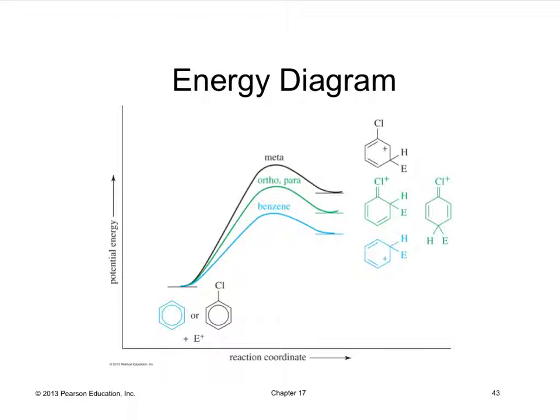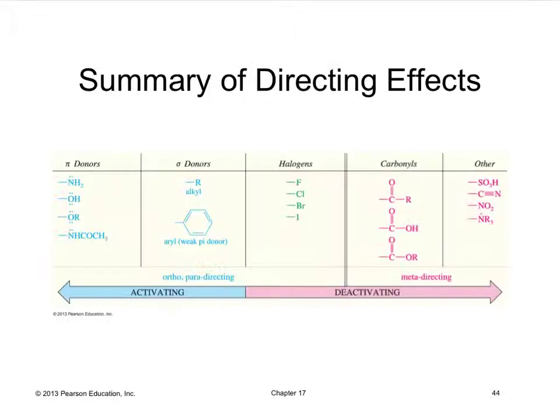So if we look at the energy diagram, the least stable is the meta attack on the chloro, followed by ortho and para substitution, and then benzene, which is more stable.